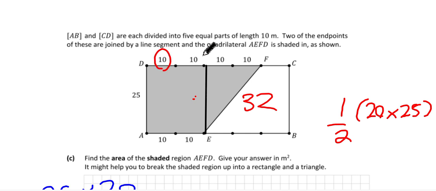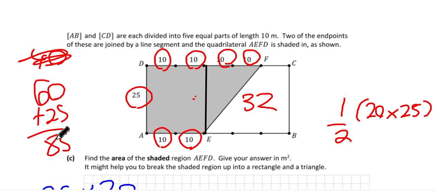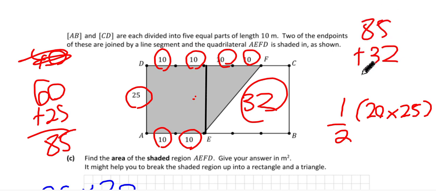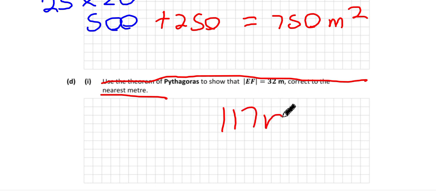So 10, 20, 30, 40, 50, 60. 60 plus 25, 85. 85 plus 32, 117 meters. Is that right, everybody so far?